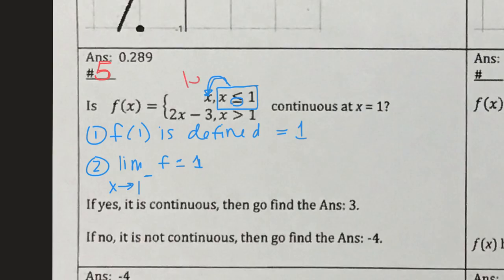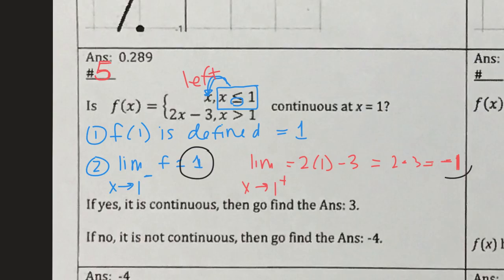This is the left side, y equals x, which means the right side is your other equation, 2 times 1 minus 3. Okay, so 2 times 1 minus 3 is 2 minus 3, which equals negative 1. So the left limit is positive 1. The right limit is negative 1.